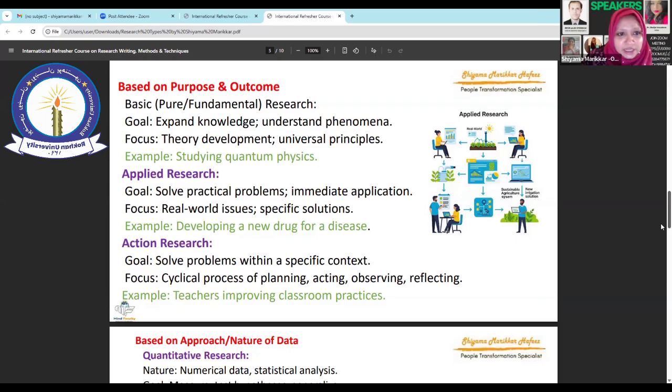And the next important one is action research. Action research means solving problems within a specific context. That is also a kind of problem solving, but it has a cyclical process. First you plan, and whatever plan or intervention you have planned, you apply it in the field.